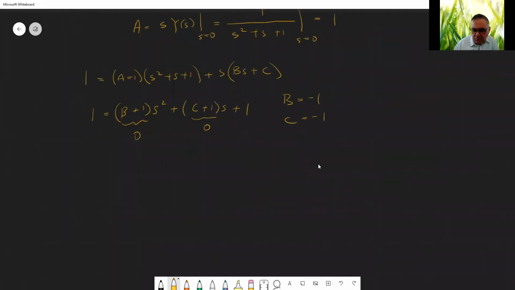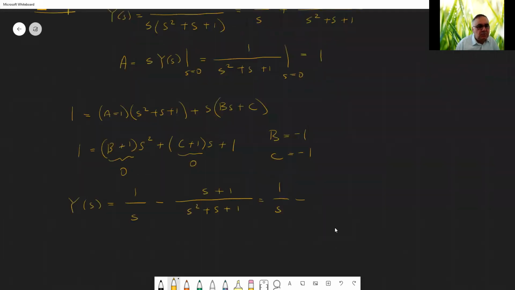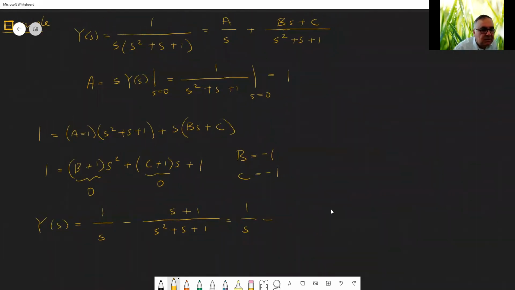So our function now becomes, therefore, Y of s is simply 1 over s minus (s plus 1) over (s squared plus s plus 1). Now s squared plus s plus 1, let's try to find the roots of this. The roots are minus 1 over 2 plus minus j root 3 over 2.